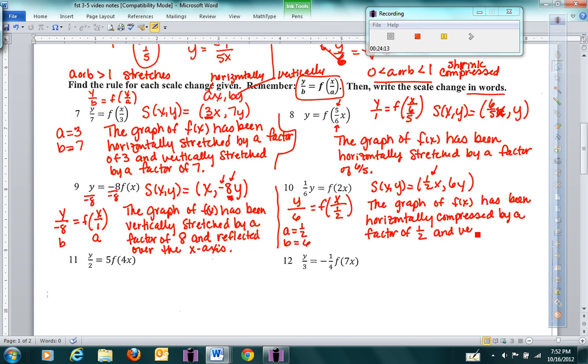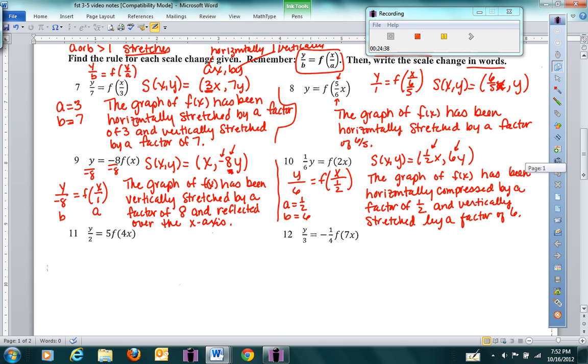And vertically, that number is greater than 1, so that's a stretch. We're going to say stretched by a factor of 6. Okay? So we're going to make it half as wide and 6 times as tall.